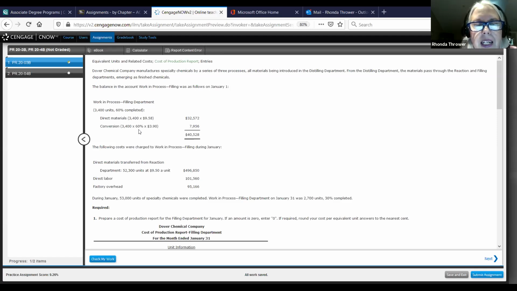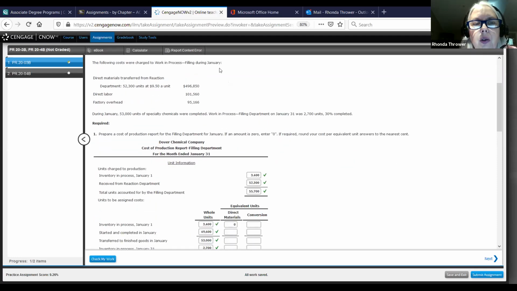That was our beginning inventory. Our beginning inventory units were converted 60% last period. So we need to finish these beginning inventory units by adding 40% to this period.